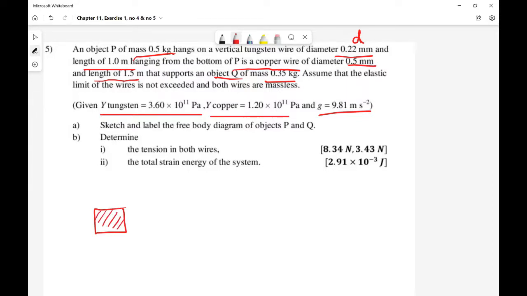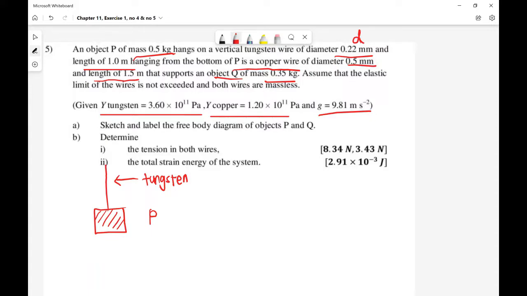Okay, ni objek P, hangs on a vertical tungsten wire. Maksudnya kat atas ni ada wire tungsten, kat atas objek P. From the bottom of P is copper wire.